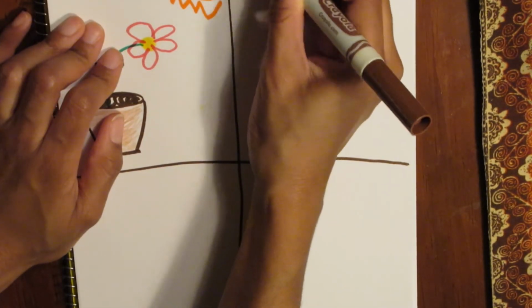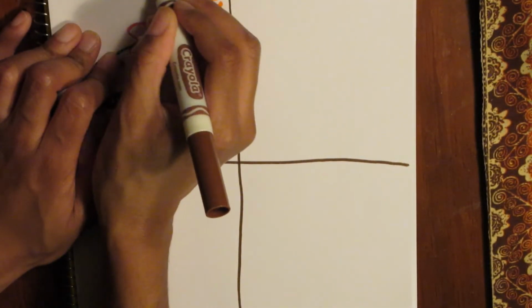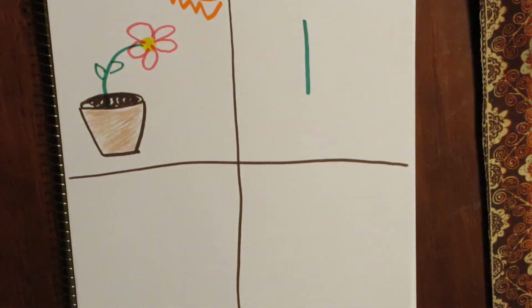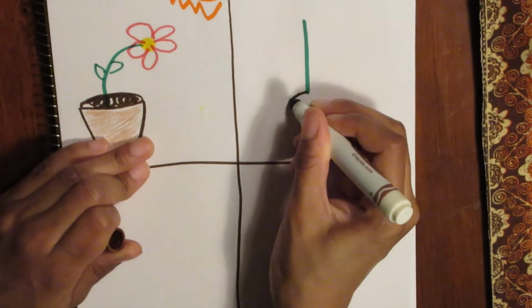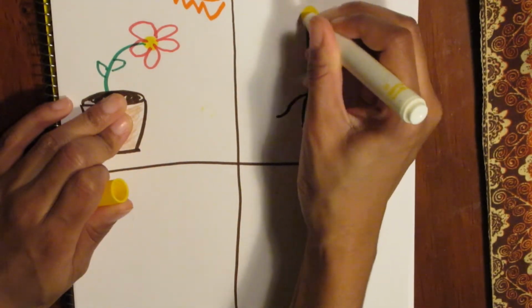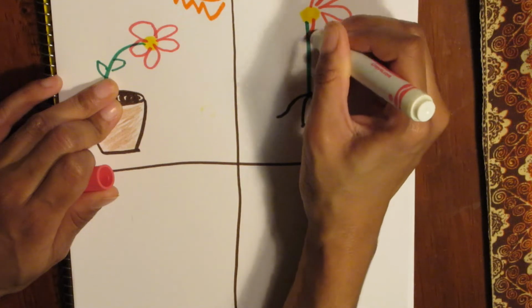The next tropism we're going to be looking at is gravitropism. Gravis sounds like gravity. So this is looking at how plants respond to gravity. Gravity is always pulling things down. Plants are super special in the fact that there are 2 parts of the plant that always grow the same way.